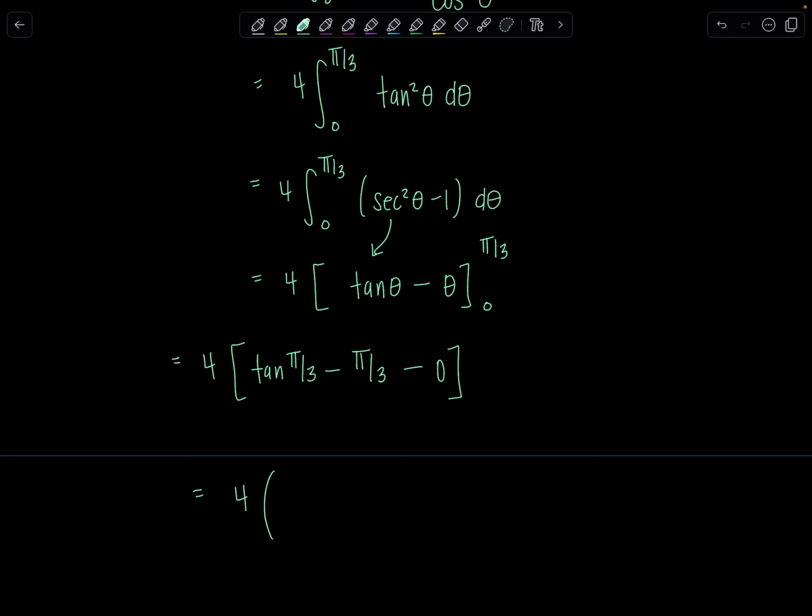So I just always think to myself, it's sine of pi over 3 over cosine of pi over 3. Radical 3 over 2 divided by 1/2. So it's just going to be radical 3 minus pi over 3. And then, yeah, let's distribute the 4, right? I think it'll look better. 4 radical 3 minus 4 pi over 3.